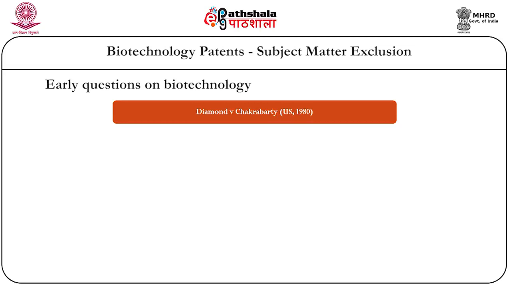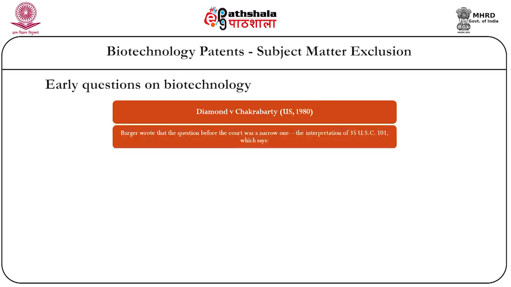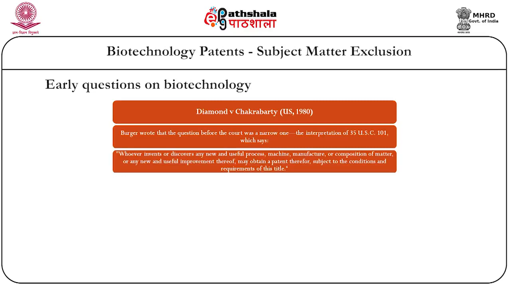This was a great invention of that point of time, and it went up to the Supreme Court. Chief Justice Burger wrote the decision, and the question before the court was a very narrow one. What is the interpretation that must be given to patentable subject matter as it appears in 35 USC 101, which says, whoever invents or discovers any new and useful process, machine, manufacture or composition of matter, or any new and useful improvement thereof, may obtain a patent therefore, subject to the conditions and requirements of this title.